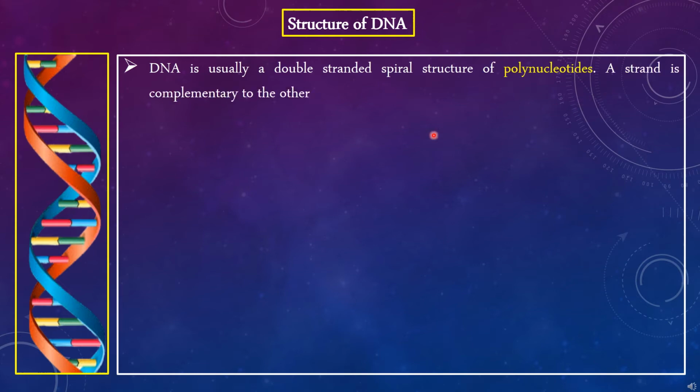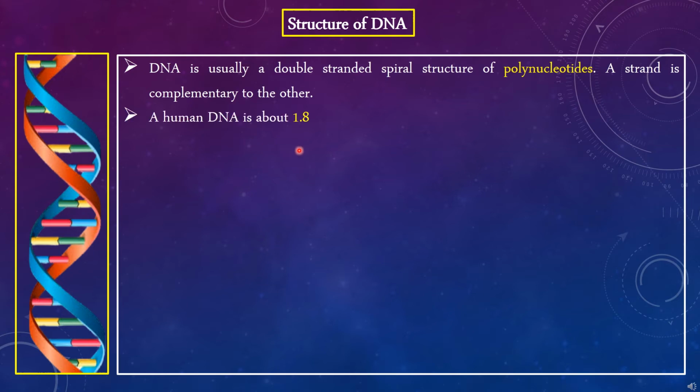A strand is complementary to the other. It is a double-stranded structure. It is like a twisted ladder. It is one strand and it is another strand. And mind it, it is a spiral structure of polynucleotides.